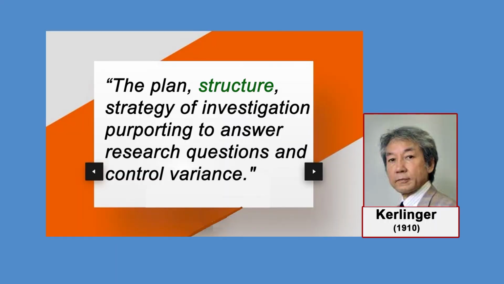The term structure intends to define the research study in a more specific way as the outline. The term strategy is used in a more specific way than plan, and it involves the methods and techniques for collection of data and then analysis so as to achieve the precise research objectives.